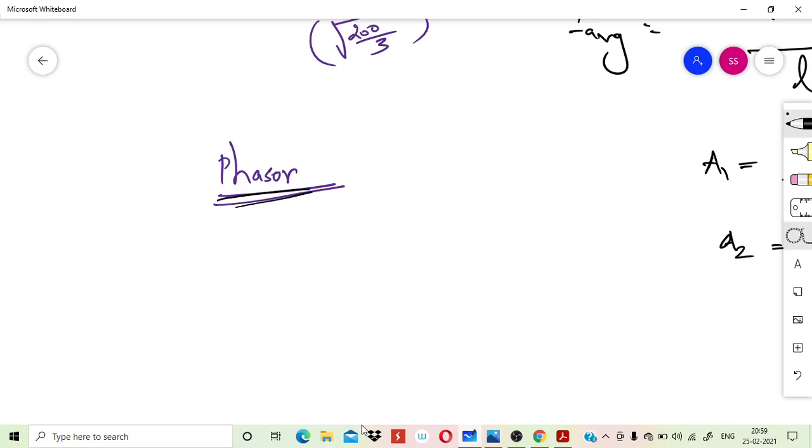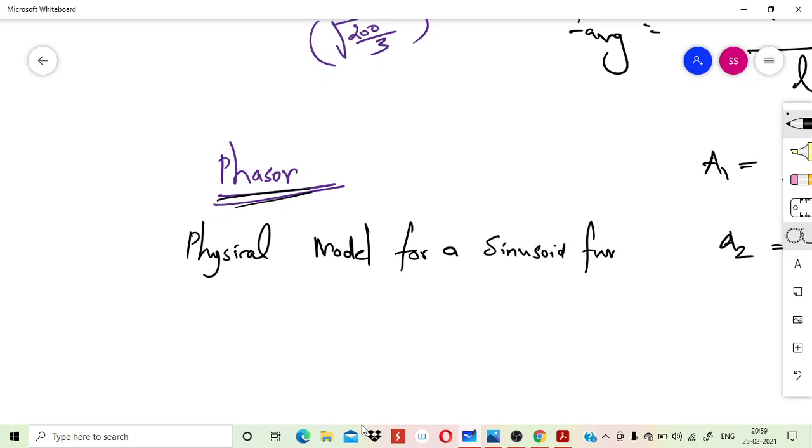That means a physical model for a sinusoid function. Why?